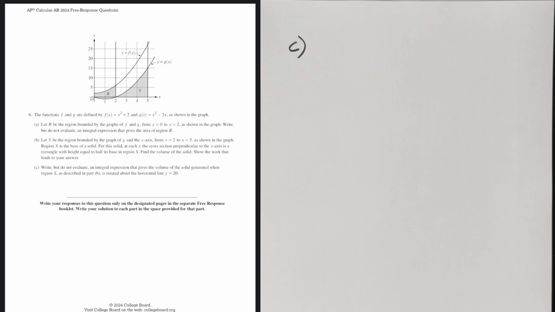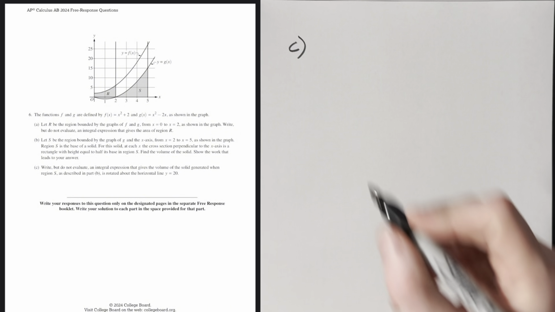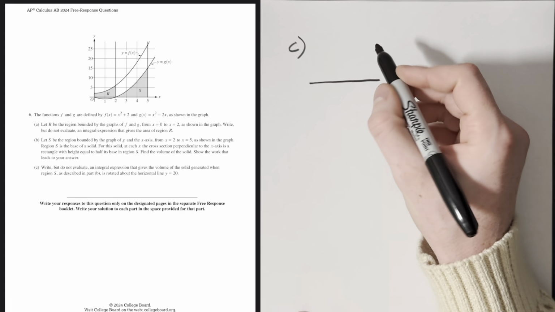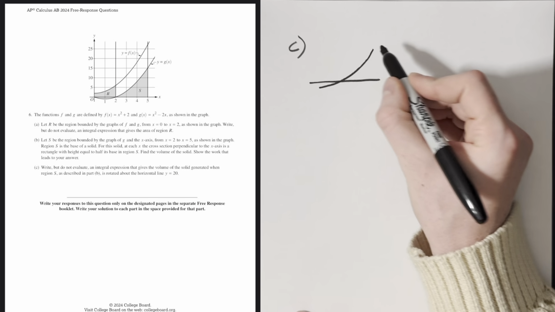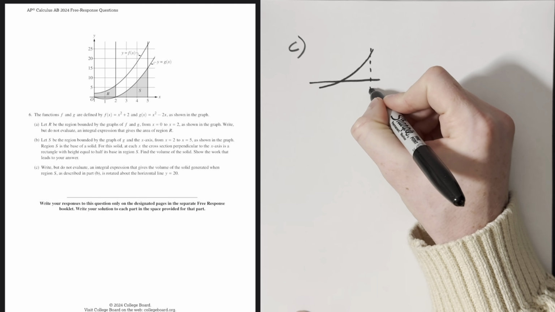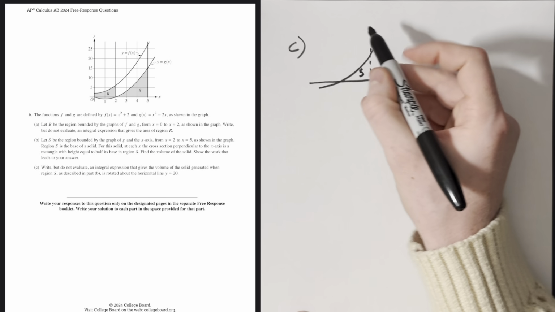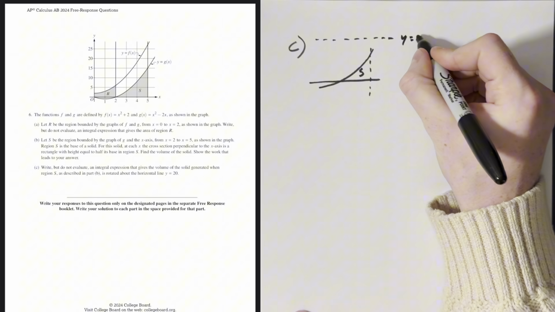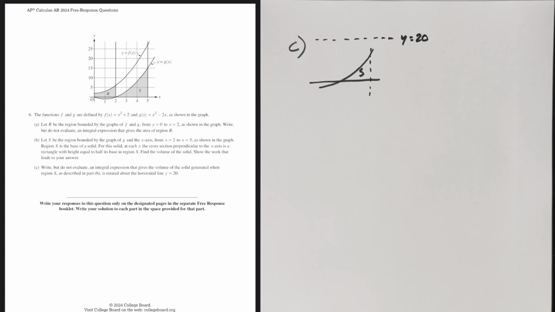So for this, right, we have a region that we're trying to rotate around a line. And I'll try and do my best to draw it again. So we have the x-axis, now we have this curve, and we have this dashed line. We have this region S, and we're trying to rotate it around this line, y is equal to 20, right?